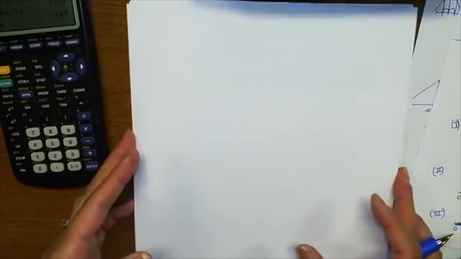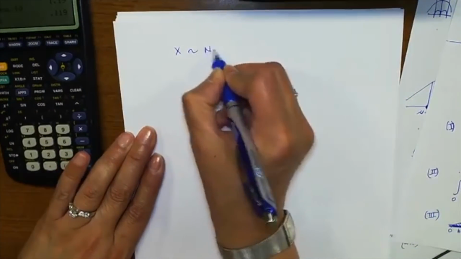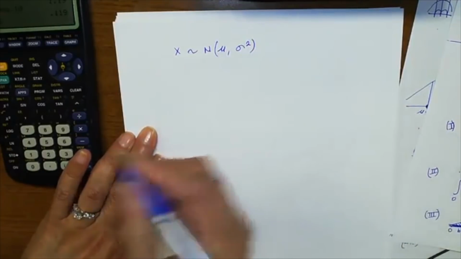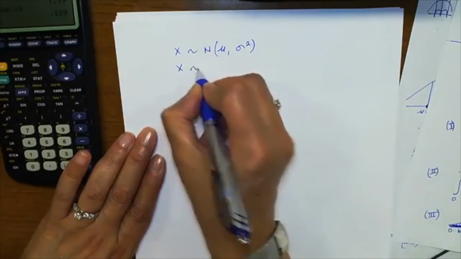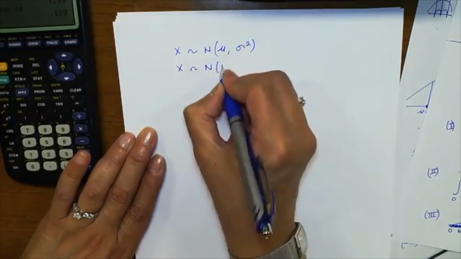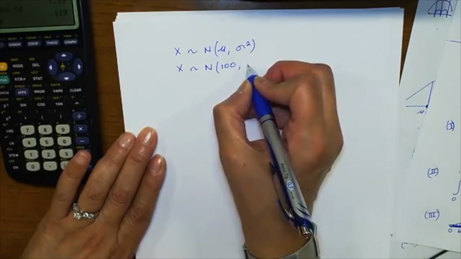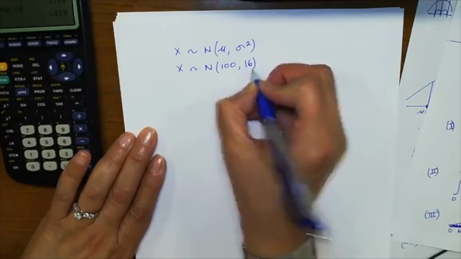And then we moved on to the normal distribution. X is normal with mu, sigma squared. It'll give you some numbers like this: X is normal, mean 100, sigma squared 16.